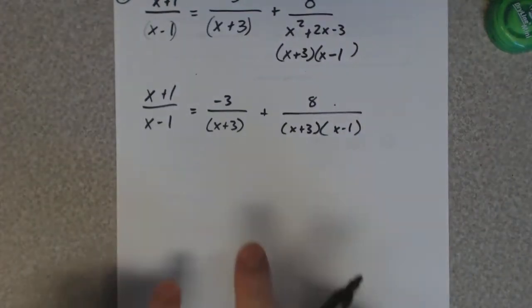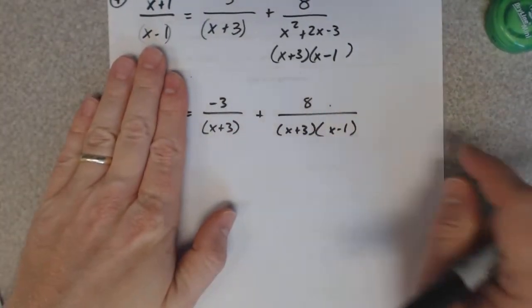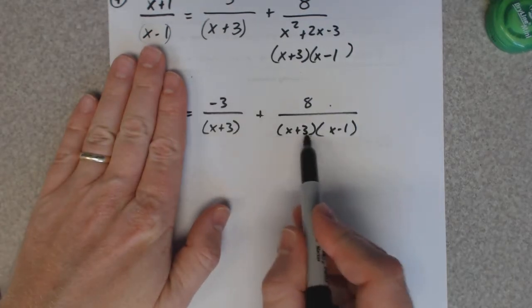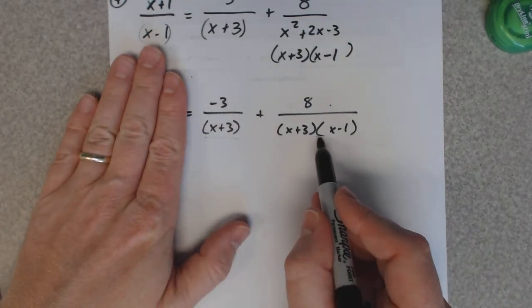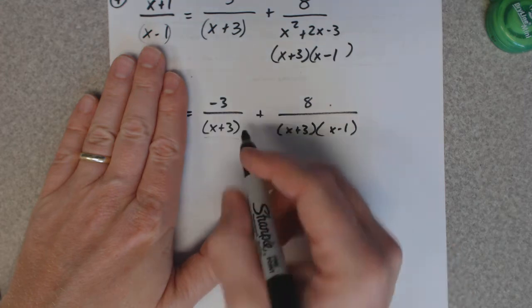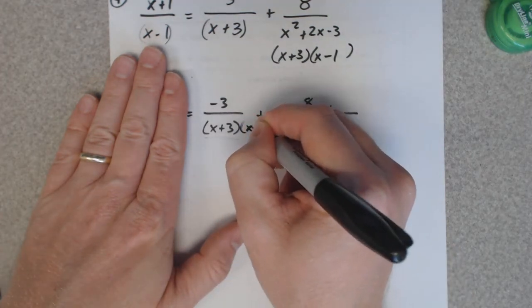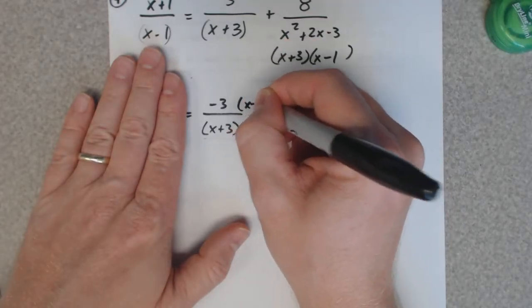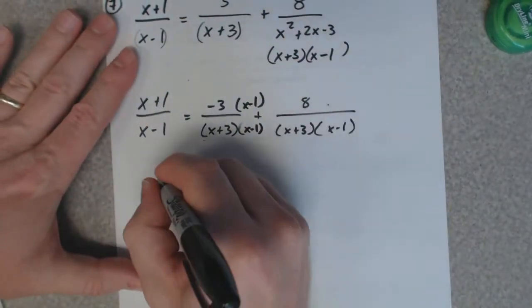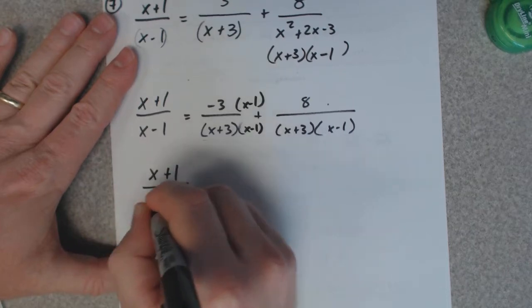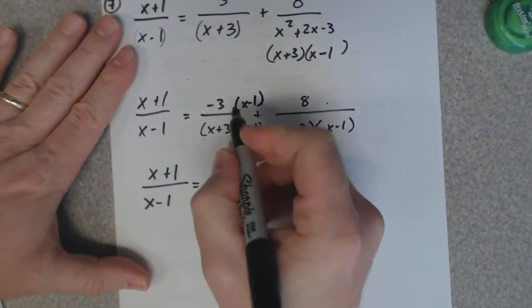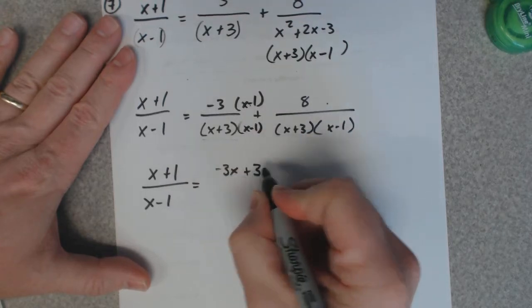Alright, now I've got to get these two guys together. So this has an x plus 3. This has an x plus 3. I need it to say times x minus 1. So let's just say times x minus 1. If you multiply it to the bottom, you've got to do it to the top. Right, so what would that give you? -3x, +3.